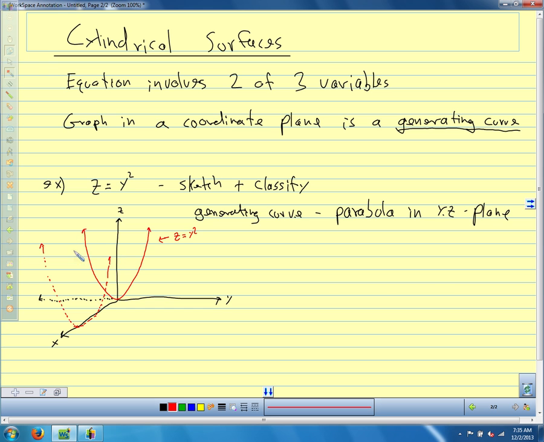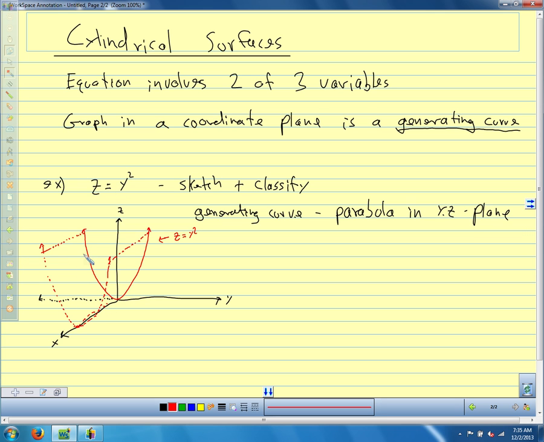And then we connect these parabolas like so. And this could also extend back into the negative x direction also. So what this cylindrical surface is, is kind of a trough shape. X can take on any value, z equals y squared for any of those x values.